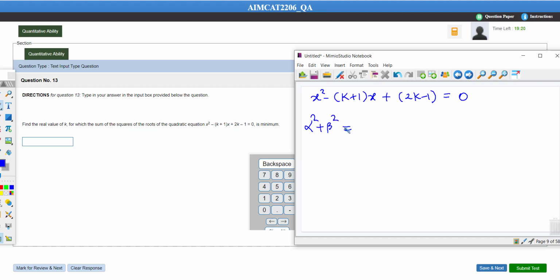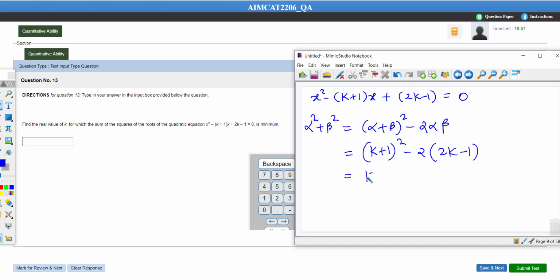The formula is alpha plus beta, whole square, minus 2 alpha beta. Sum of roots is k plus 1, so (k plus 1) whole square, minus 2 times the product of roots, which is 2k minus 1.